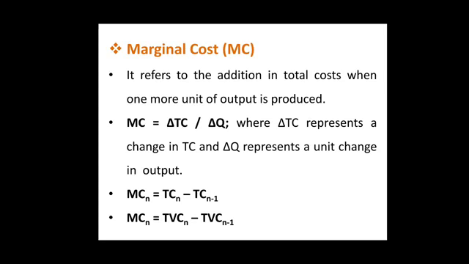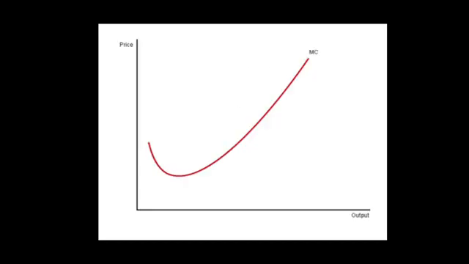That is, the short run marginal cost curve is U-shaped, as shown in this figure. It's evident from the figure that initially the marginal cost curve falls and eventually it tends to rise.